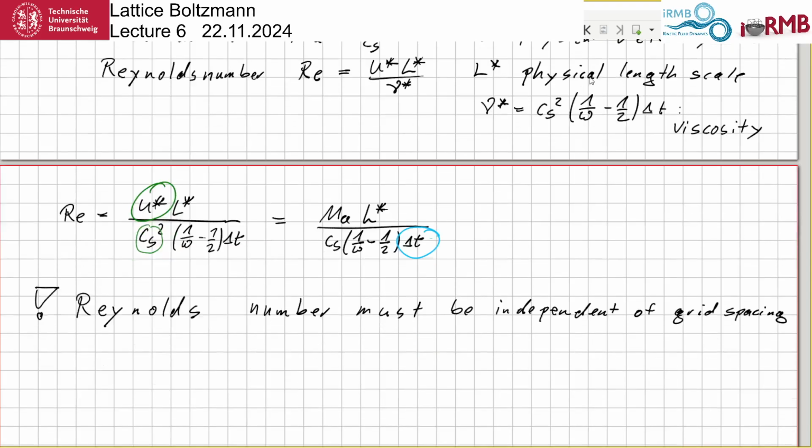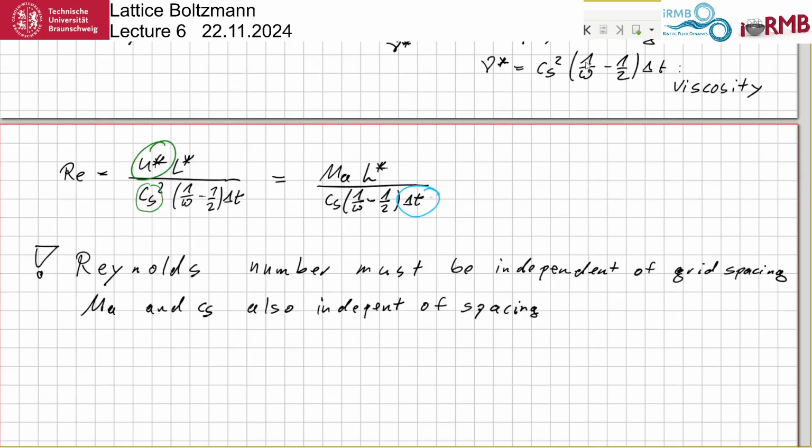So, as I just said, Mach and CS are also independent of spacing. So the only thing that we have still here is delta t.